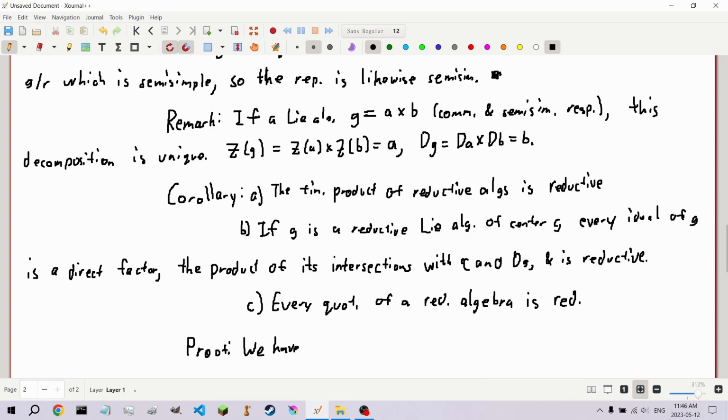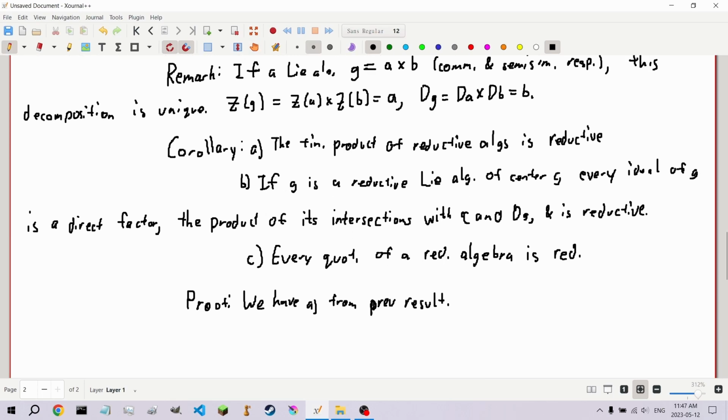So we have from our previous result where reductive is the product of a semi-simple and commutative algebra. Now, suppose G is reductive.